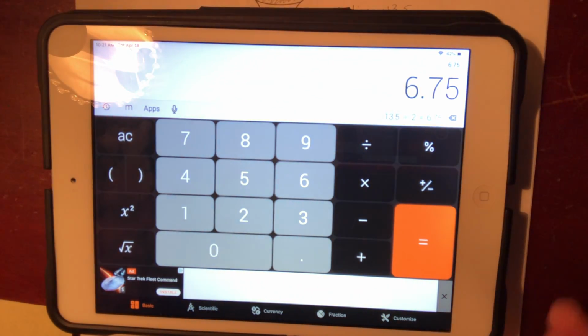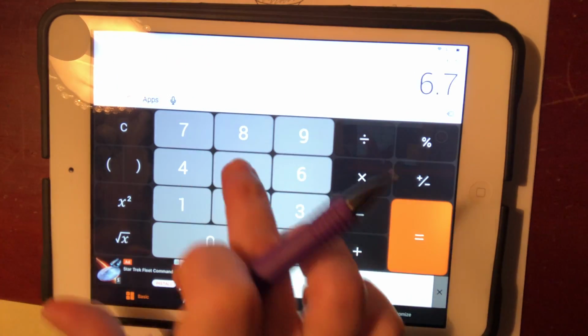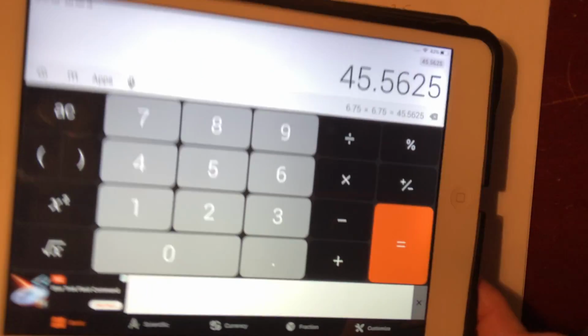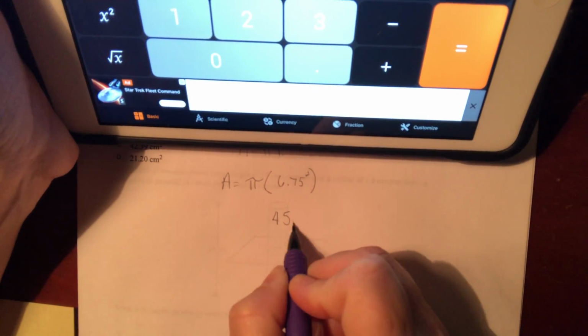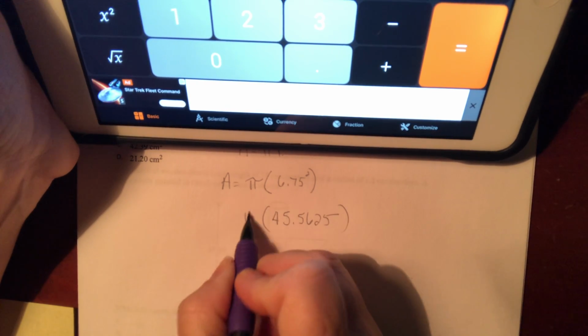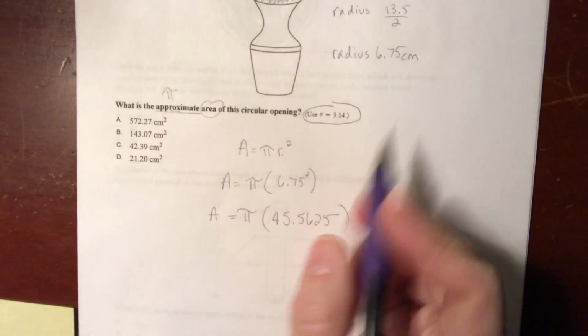So I already have the 6.75 on my calculator, so I'm just going to multiply it times 6.75. So now I have 45.5625. 45.5625 times pi equals A. And you'll notice they told us up here what pi's got to equal.